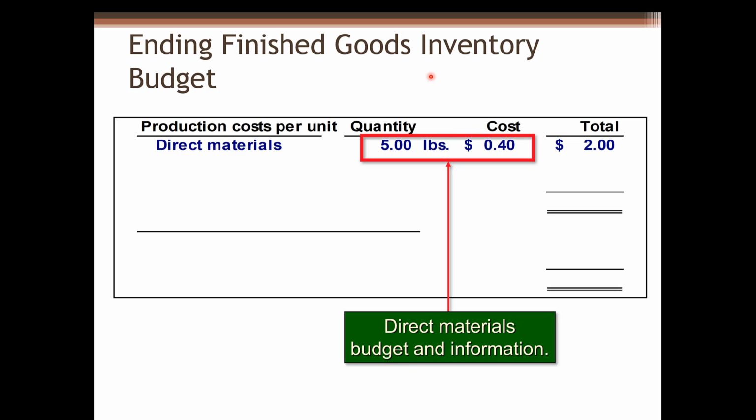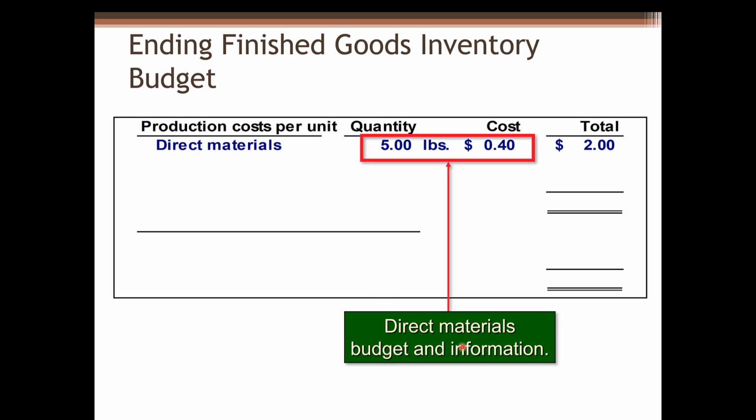Now we can prepare the ending finished goods inventory budget. We first calculate production costs per unit. Production costs include direct materials, direct labor, and manufacturing overhead.